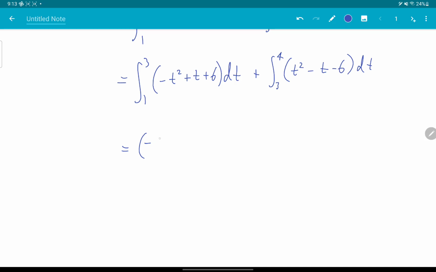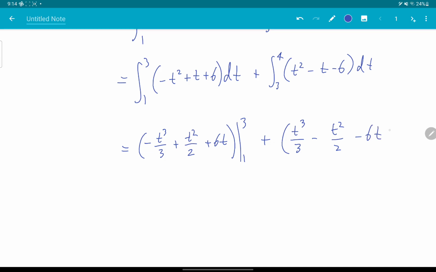What do I get? I get negative t cubed over 3 plus t squared over 2 plus 6t from 1 to 3. Then I get t cubed over 3 minus t squared over 2 minus 6t from 3 to 4.